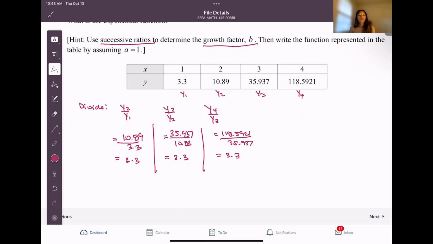All right, so what we see here is the successive ratios equal 3.3. This tells us that b is equal to 3.3, and we were given that a equals 1.